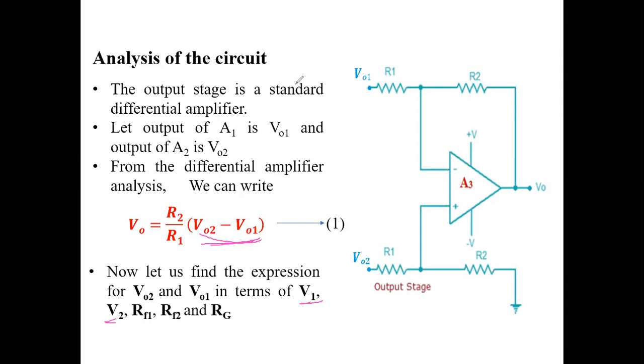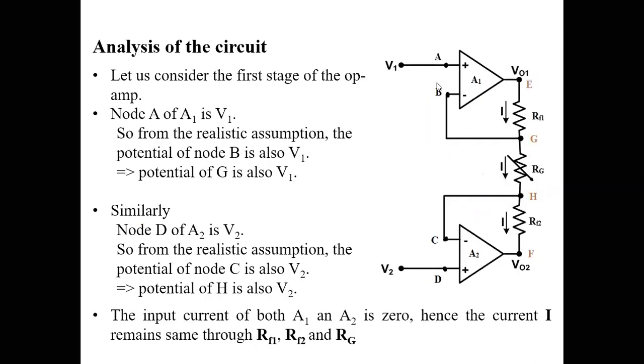So this is the input stage, where we have given V1 and V2 as the inputs, and V01 and V02 are the outputs of A1 and A2. RF1 and RF2 are the feedback resistances.